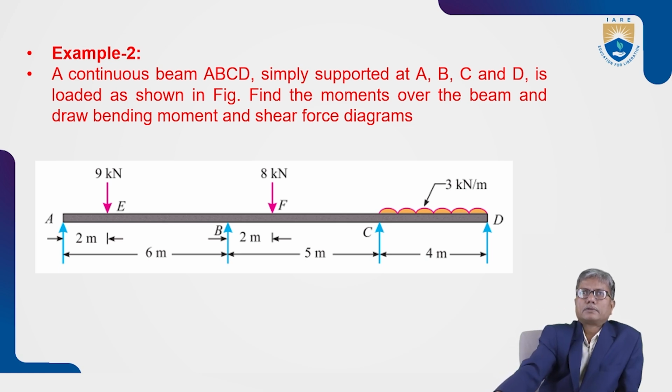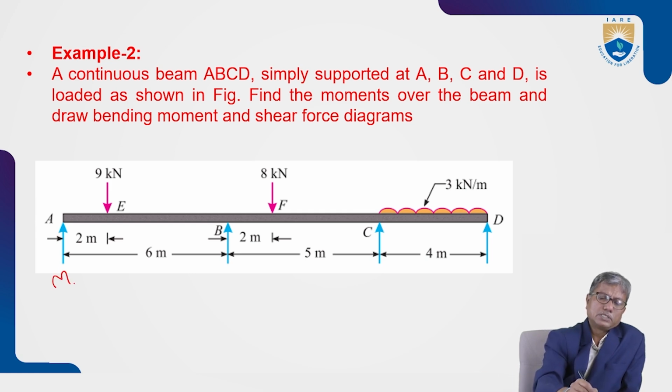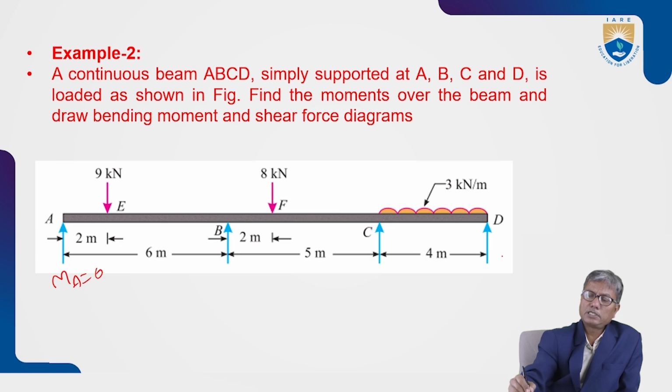So just look at the loading diagram. We have 4 supports A, B, C, D, and what is known initially is that moments at A and D are 0.